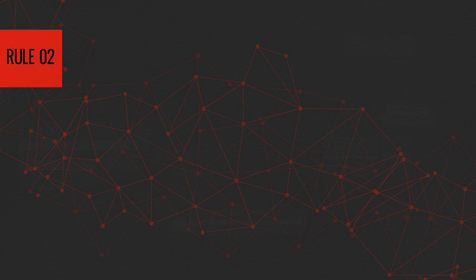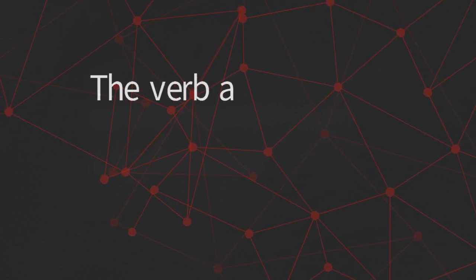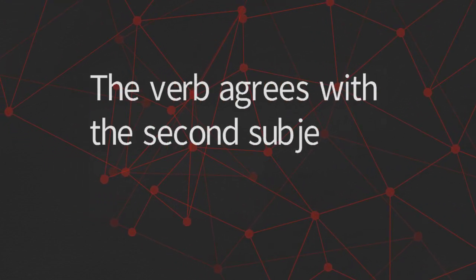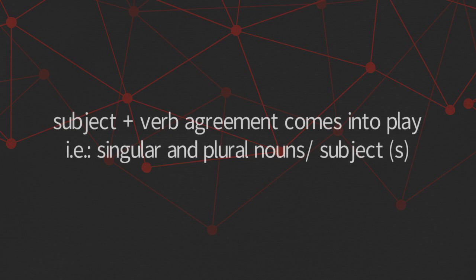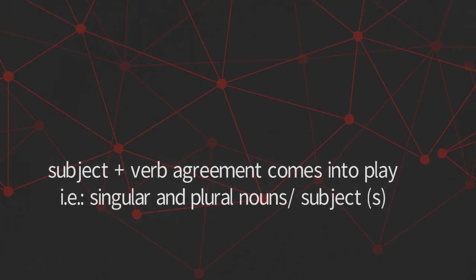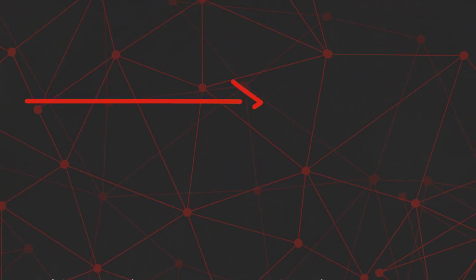The next important rule when using correlative conjunctions is to make sure that the verb in the sentence agrees with the second subject in the sentence. This means that we need to consider the subject-verb agreement of the sentence by checking whether the subject or the noun is singular or plural. Fret not. Let's look at the example to understand better.